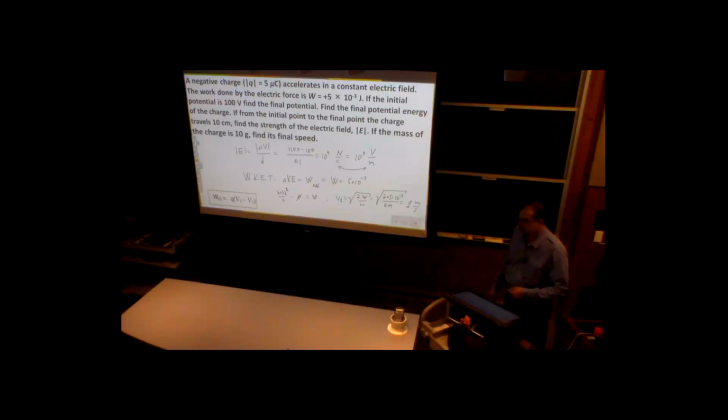It's in any textbook. So we take this from the past and we use it now. Work kinetic energy theorem: change in the kinetic energy is equal to the net work done on the object of the system.